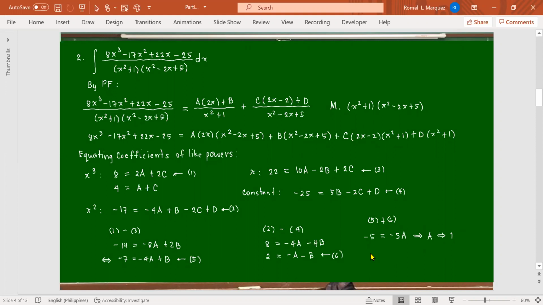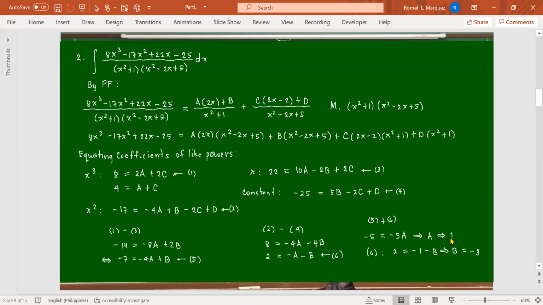We can now solve for b. From 6, we have 2 equals negative 1 minus b. So b is equal to negative 3 over negative 1, positive 3. Let me check. Negative 2 minus negative 1, positive 3, or negative 3. Sorry, so that's negative 3.